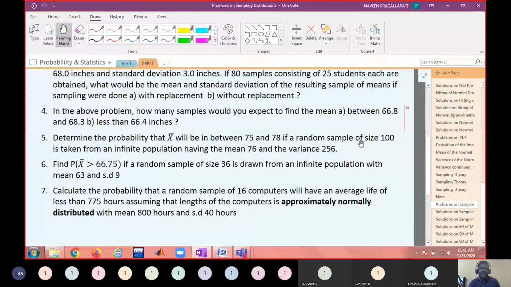Because it is a large sample, the distribution is, if not normal, almost normal. So we can approximate this with the normal probability as long as the sample size is large and standard deviation is given.